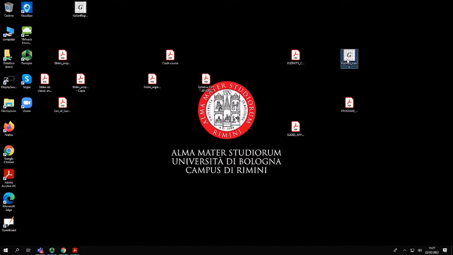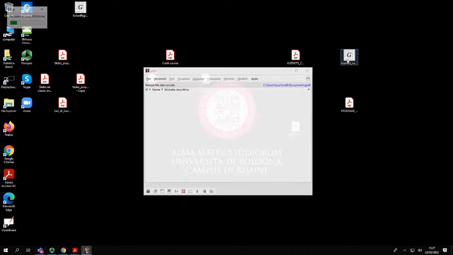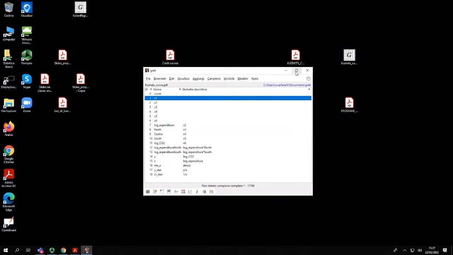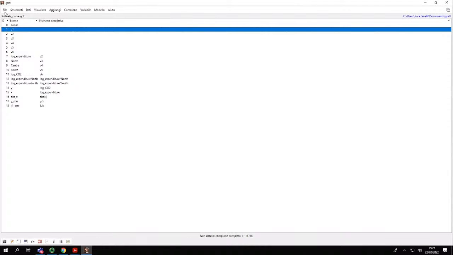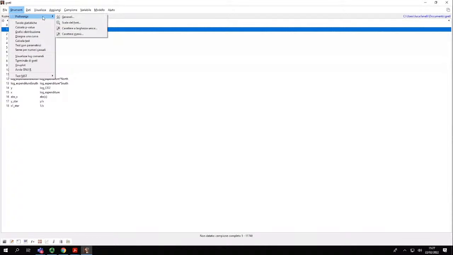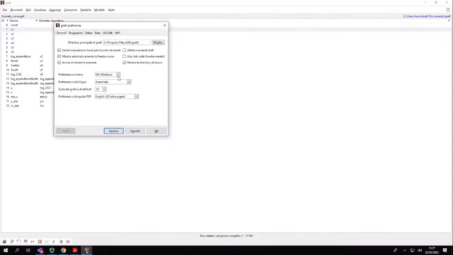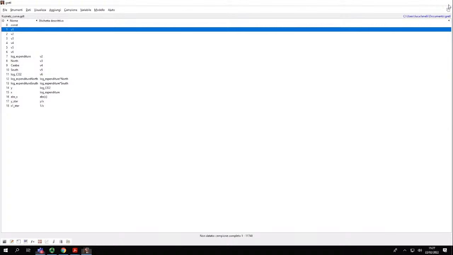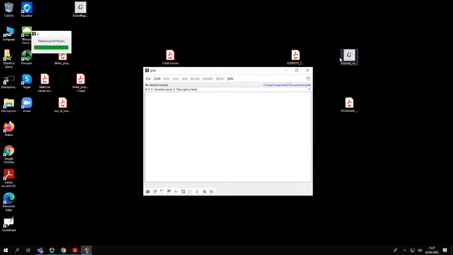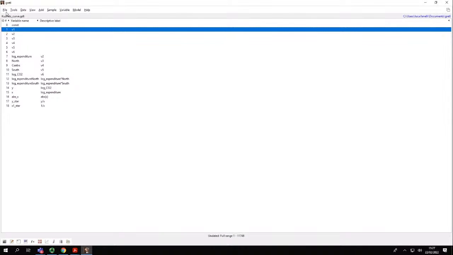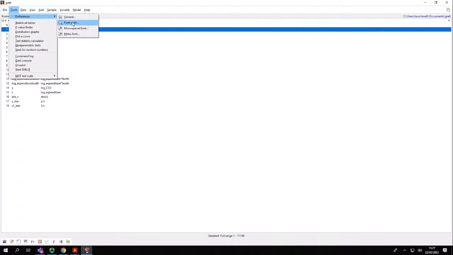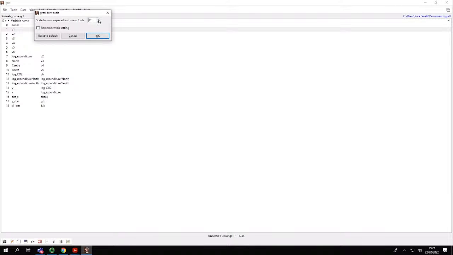I have to set it in English and increase the font. Preferences, language, English. I have to close it and start it again. Now it will be in English. And now I increase the font. Tools, preferences, font scale. Yesterday 14 was fine.